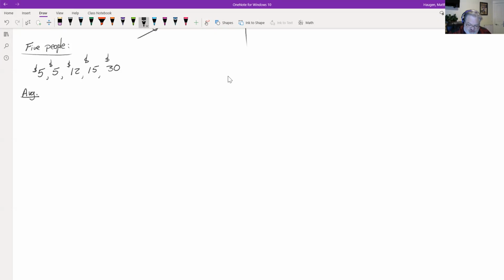So let's start with finding our mean. So take a moment and find the mean of that data. Again, that's our X bar equal to the sum of our values divided by our sample size.